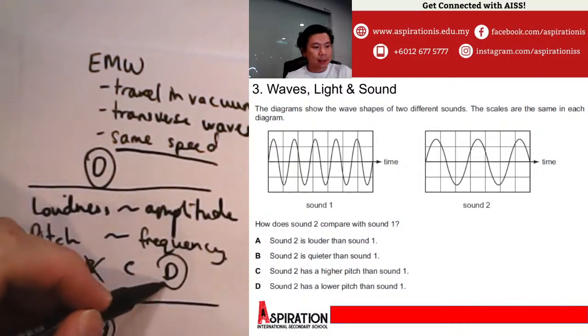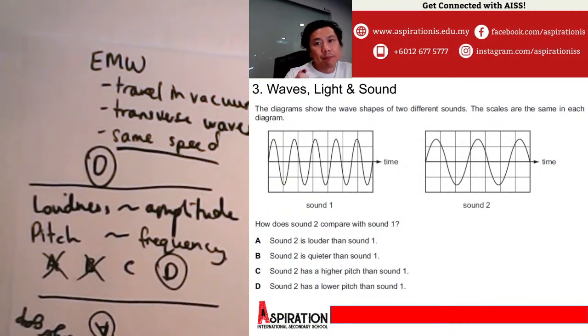D is the answer. The higher the frequency, which is sound 1, you get more waves. The lower the frequency, you get fewer waves. So sound 2 has fewer waves, so lower frequency, so lower pitch. So the answer is D. Well done, Jared. Moving on.